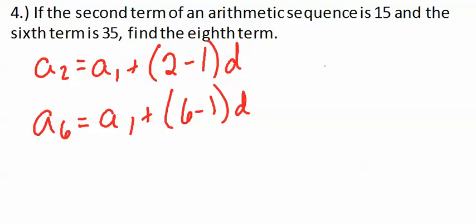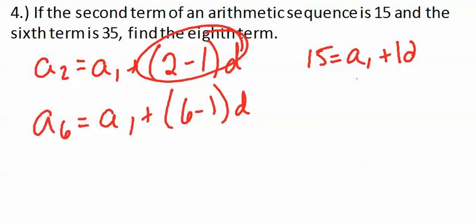And then we'll substitute it in. The second term was 15, so it's 15 equals a sub 1 plus 1d, because we just simplified that a little bit. And then we have 35 equals a sub 1 plus 5d.